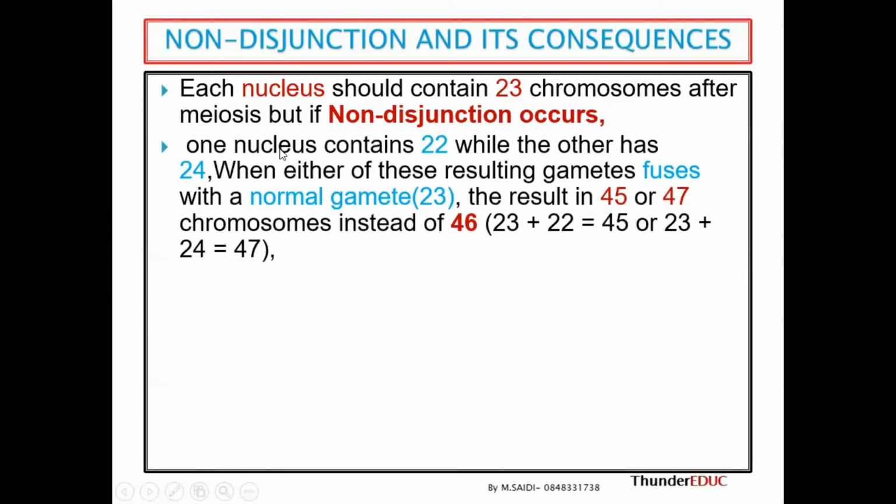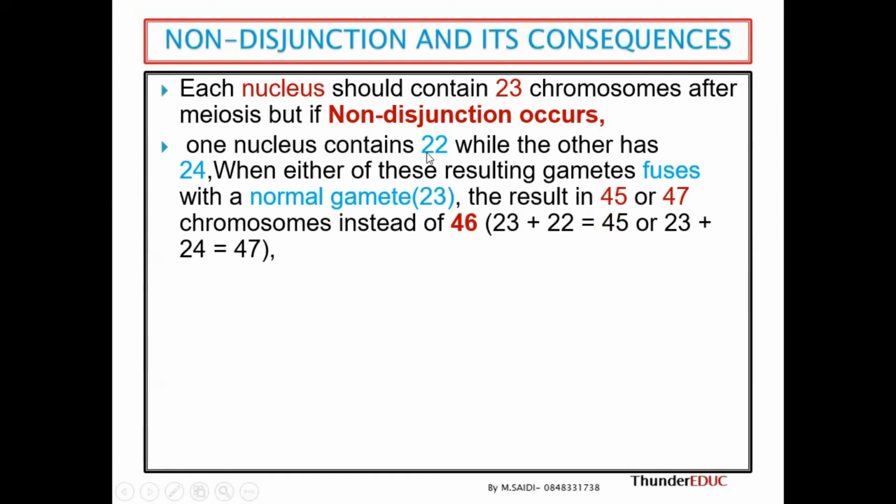So now, when non-disjunction occurs, one nucleus will contain 22 chromosomes. We have seen where we get the 22 chromosomes. It fails to separate, and then one nucleus is going to have 22 chromosomes instead of 23, while the other one will have 24 instead of 23.